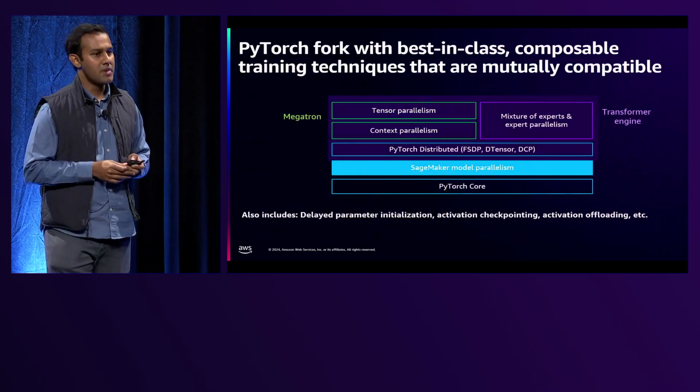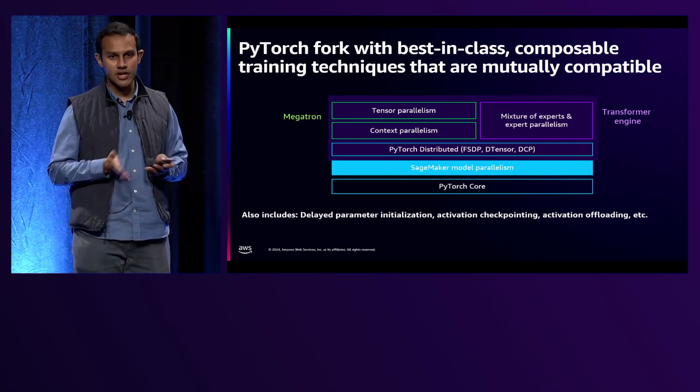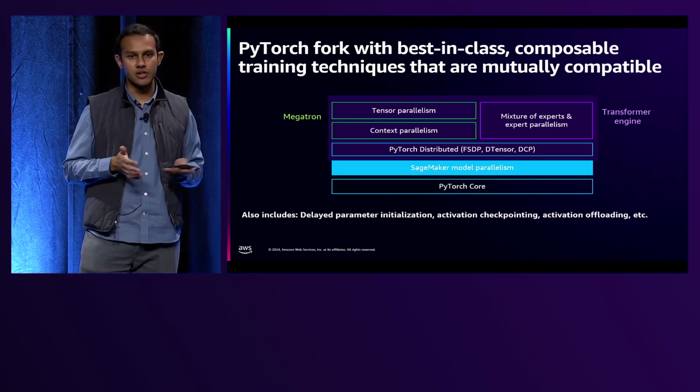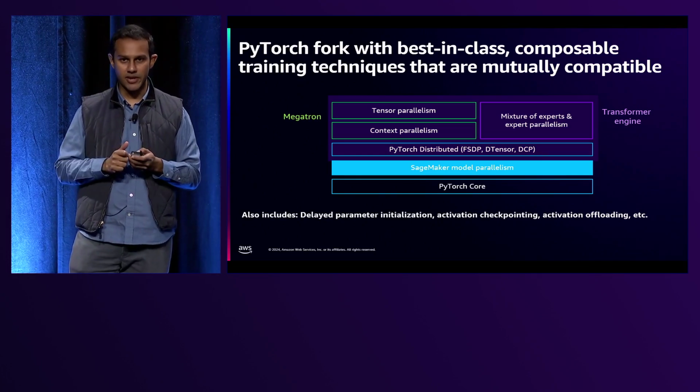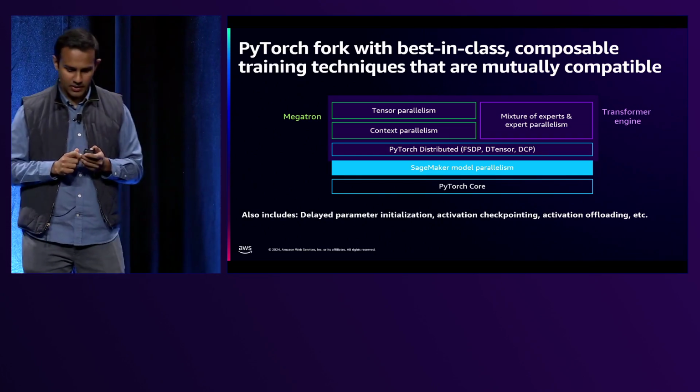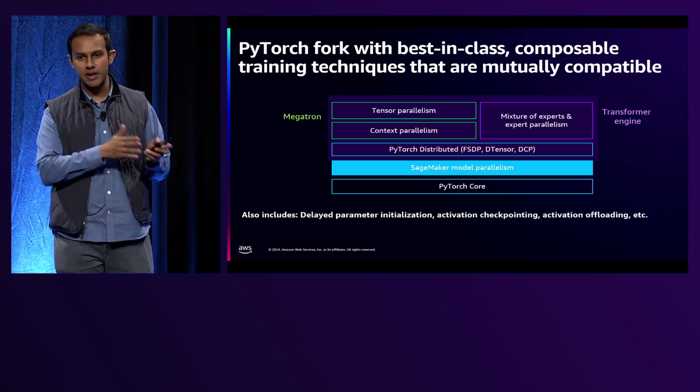The idea with SageMaker Model Parallelism is that it's a PyTorch fork and essentially offers a set of composable training techniques that you can build and plug and play together. So when you think about the developments in these open source frameworks, it's typically as follows.